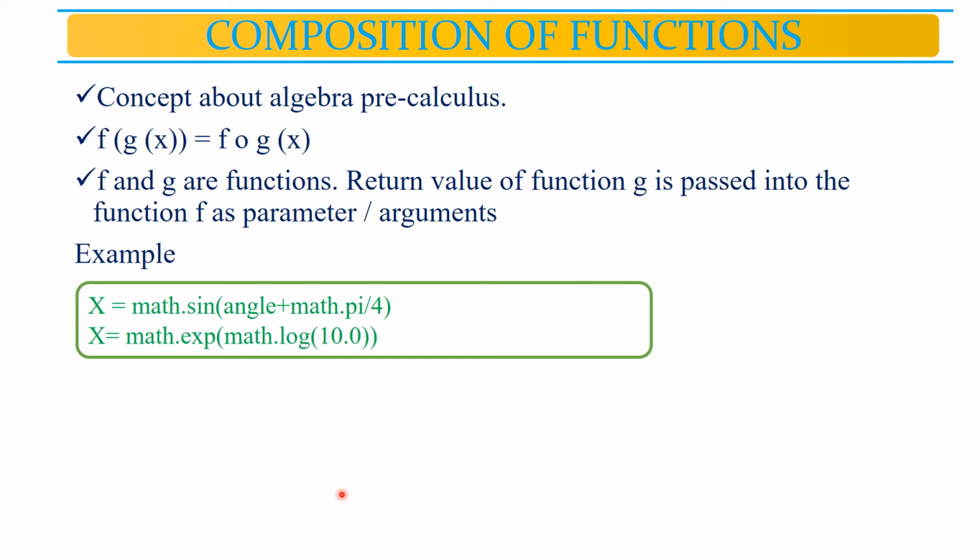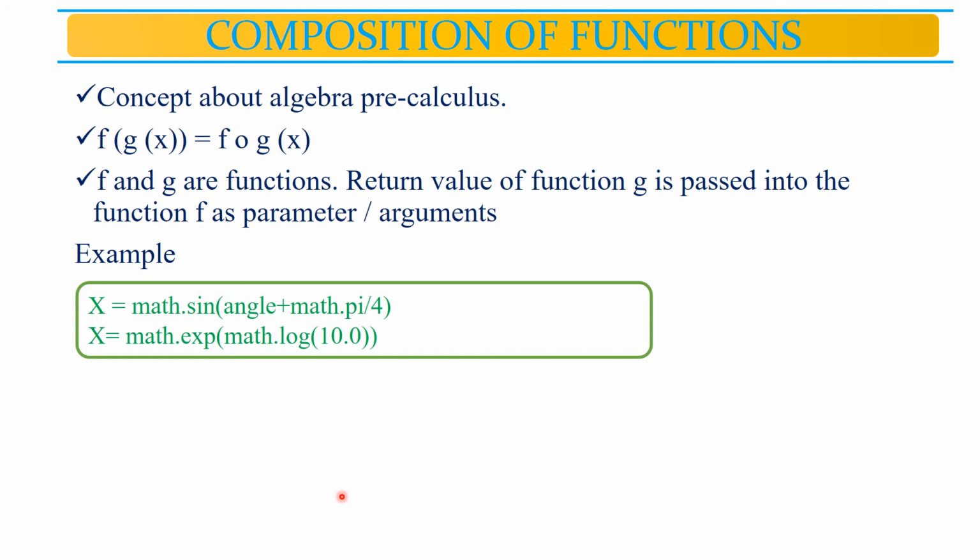Here is an example that I have given: x = math.sin(angle + math.pi / 4). In this example, we have used the expression angle + math.pi / 4 as an argument to the function math.sin.